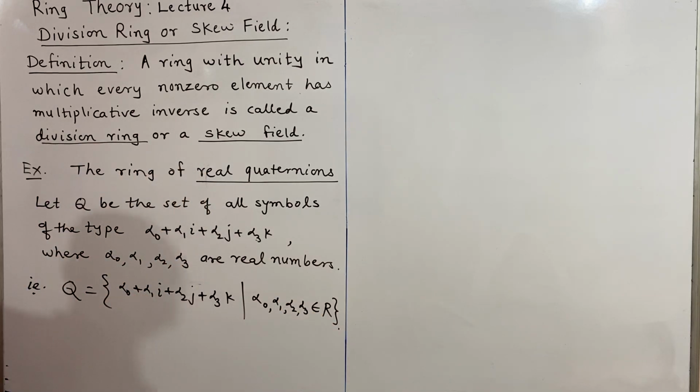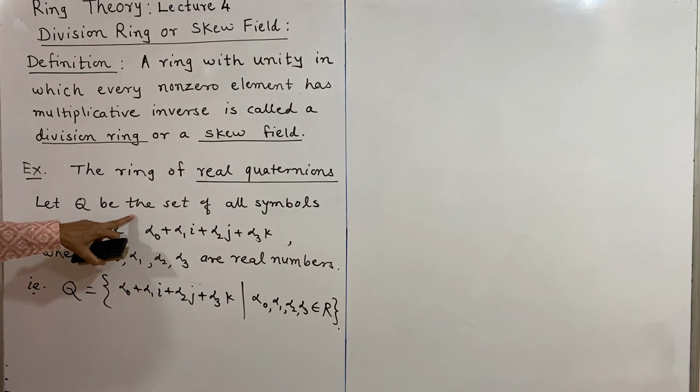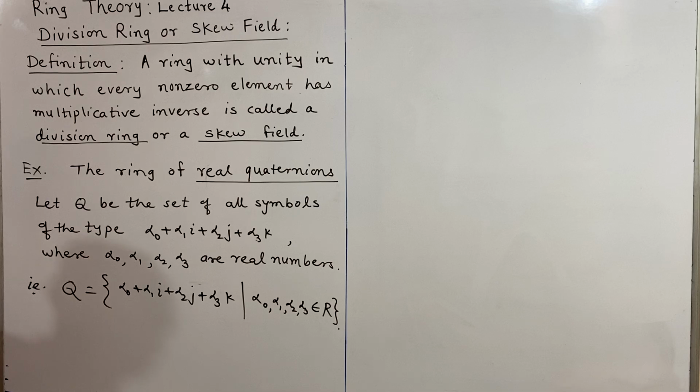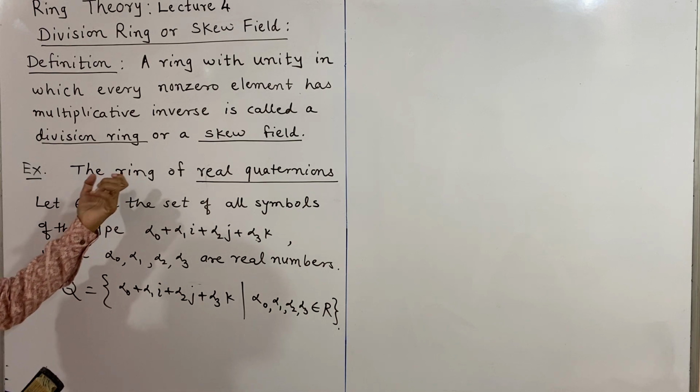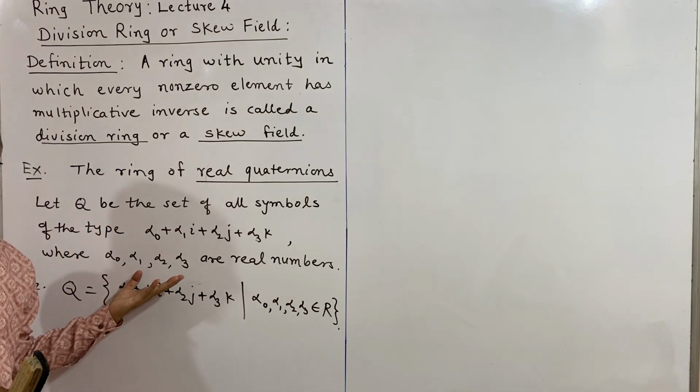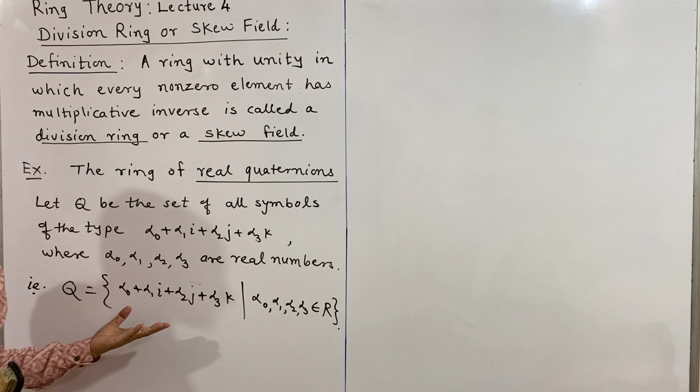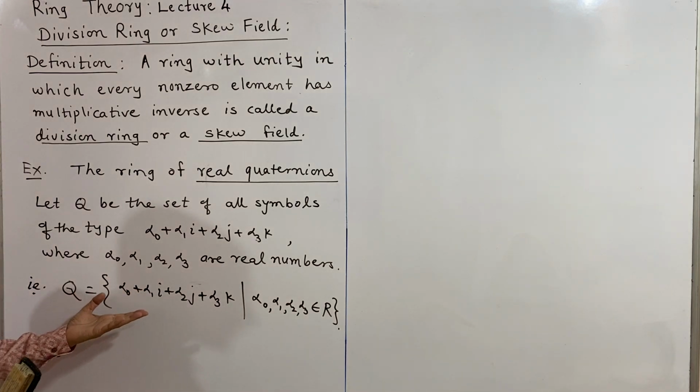Now we define addition and multiplication for this. To form a ring we must have a set of elements, and two compositions are to be defined, plus and multiplication dot.